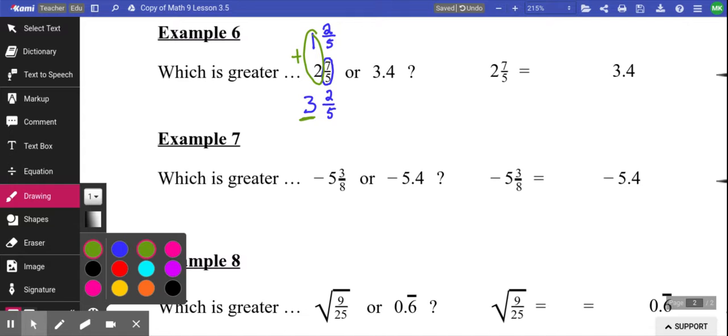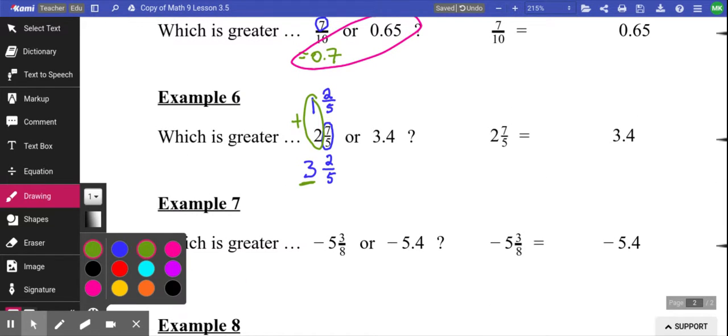Took the fraction, 7 over 5. I figured out how many times 5 goes into 7. It goes in once. If I take 5 away from 7, I'm left with 2, and it's fifths. That's how I'm turning that fraction into a mixed fraction. And then I can just add the big numbers.